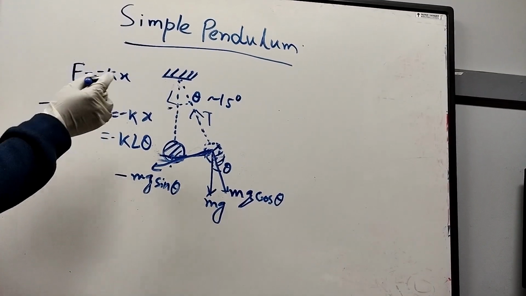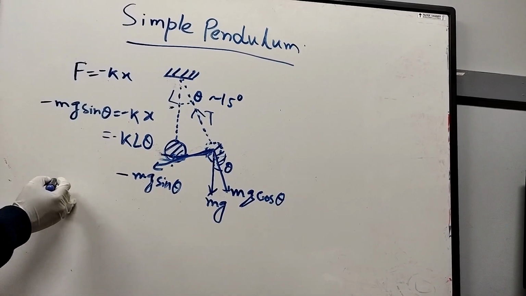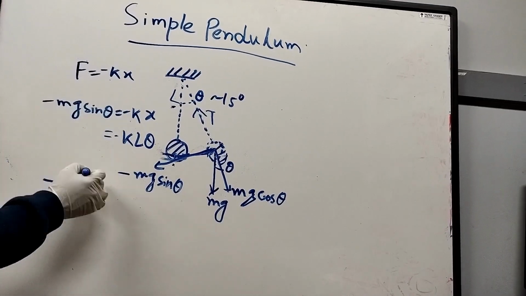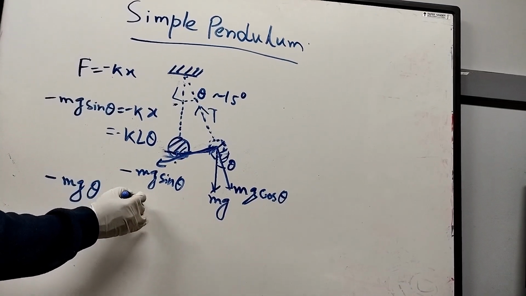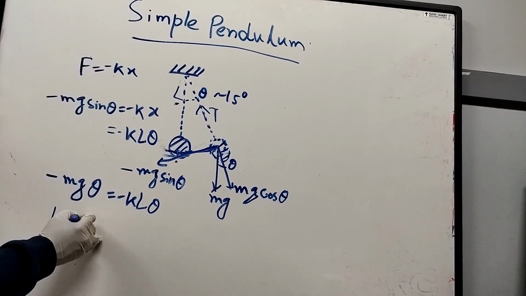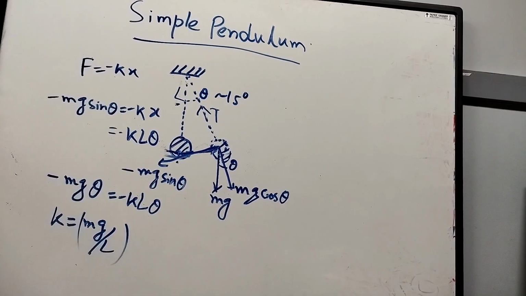Under the small angle approximation, x can be written as L times theta, and sin theta can also be written as theta. So we have the relationship minus mg theta equals minus kL theta. From this we get the expression of k, and that is mg by L.